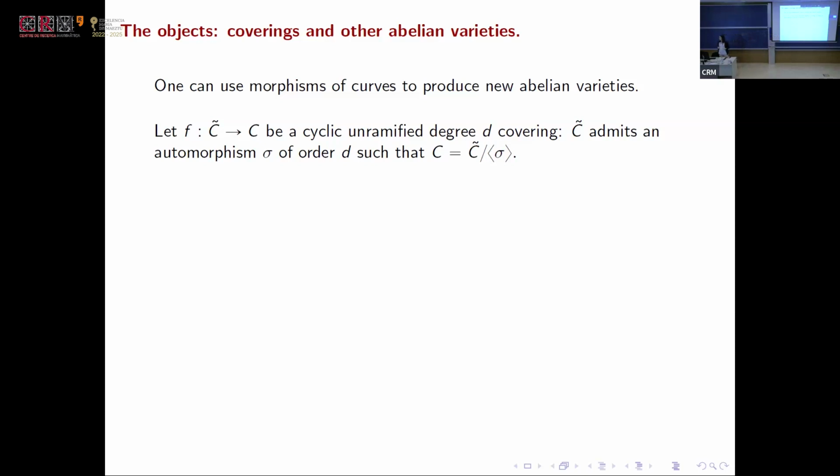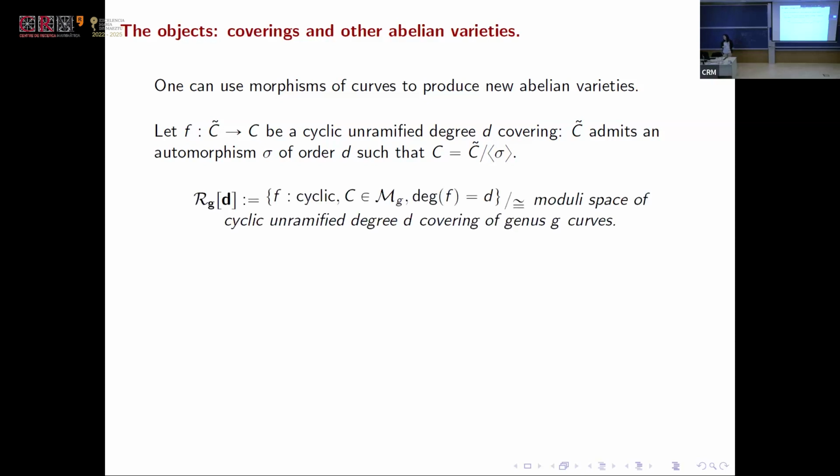If we focus on these kinds of maps, these coverings, I take the assumption that they are cyclic and unramified, so every point has d pre-images, and locally it is a homeomorphism. Again, we have a moduli space, and this is the standard notation.